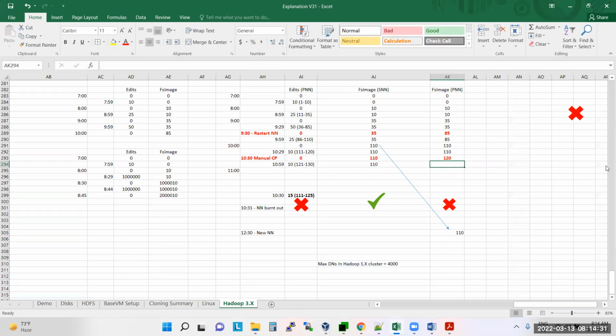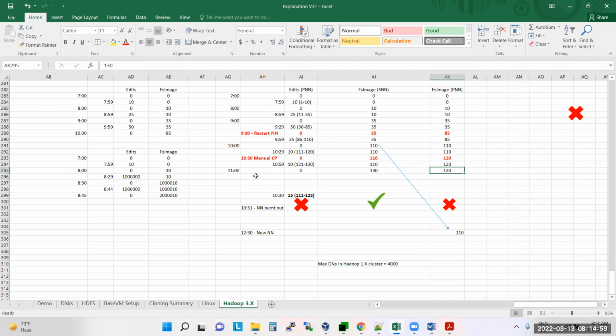Now in this scenario, the checkpoint is performed and it will become 0. And now here 130. See, when the secondary name node is performing checkpoint, only then is it maintaining one copy here and pushing to the name node also. But if the primary name node is performing checkpoint, is it pushing to the secondary name node? No, sir, it's not pushing.